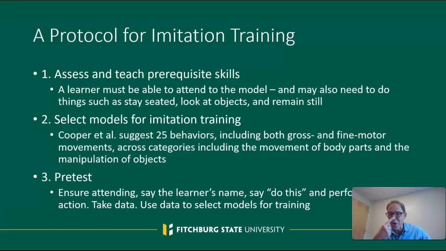When I say touch your nose and I go like this, all of a sudden, potentially the learner's action is going to come under the stimulus control of me saying touch your nose, not the action that I'm engaging in. So if we're looking for imitation training, we're not looking to give that specific verbal cue of what we want the learner to do. We're using something more generic like do this or do what I do.